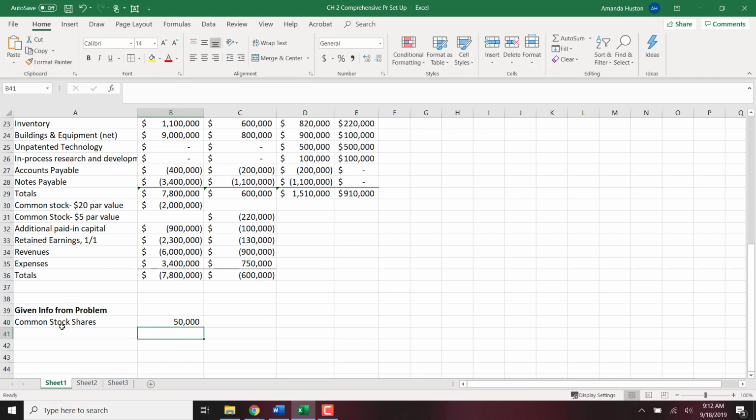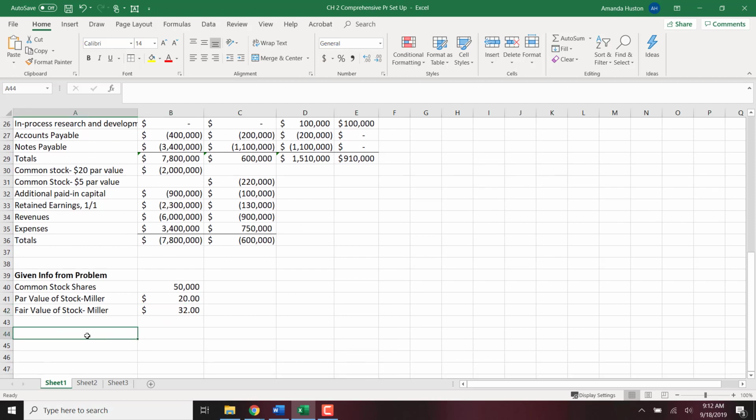That's why I always format my numbers. And we know that the par value of that stock is $20 per share, right? And the fair value of Miller's stock on the date is $32. This is just information that I read from the problem.